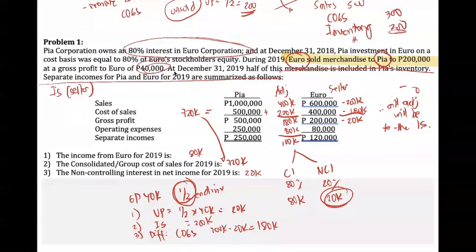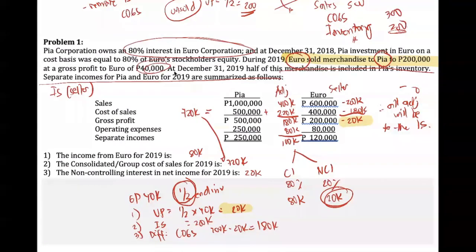How do we determine the unrealized profit? First, get the unrealized profit and determine the unsold. In this example, our gross profit is 40,000. And how much was unsold? Half. So 40,000 times one-half, that is our unrealized profit, 20,000. How do we account for it? You deduct it on your gross profit. So we deducted what we first computed from the gross profit.